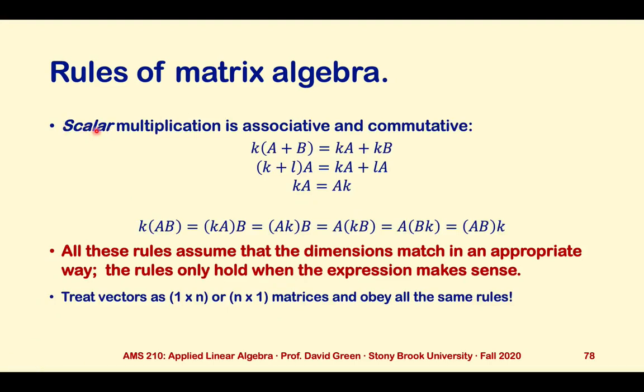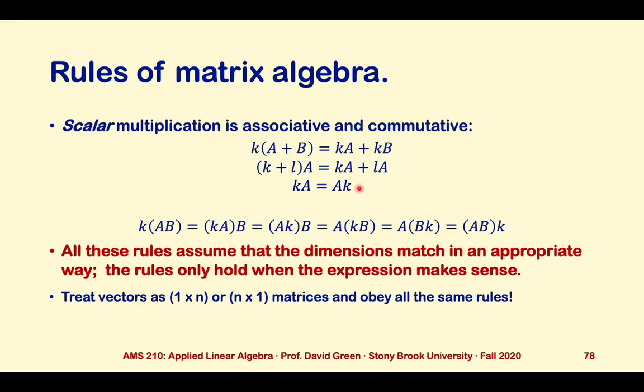Scalar multiplication is associative and commutative. Remember, in scalar multiplication, we're just multiplying all of the elements by the same scalar. It makes sense that that would obey all of the same rules as multiplication of scalars. K times (A plus B) is KA plus KB. (K plus L) times A, where K and L are both scalars, is K times A plus L times A. It doesn't matter if we write K times A or A times K, they mean the same thing.